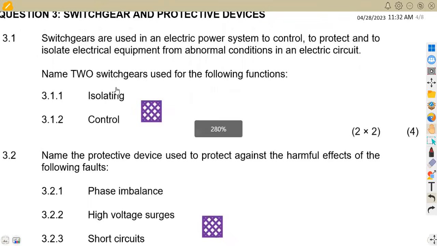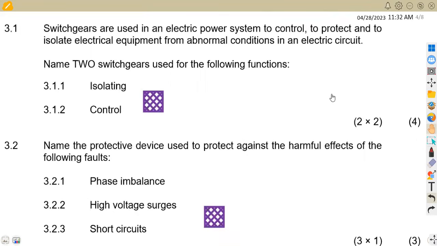Okay, the first part, for isolating. Which switchgear is needed for isolating? So we can use a disconnector. All right. The other one, we can use a switch disconnector, which is just one and the same. All right. So you can just have a switch disconnector in this way. That is another option that you can have.